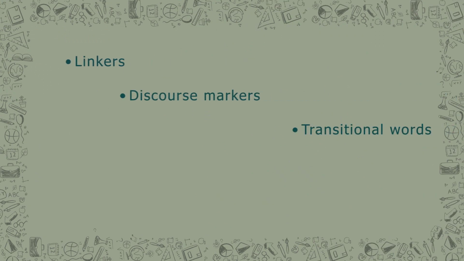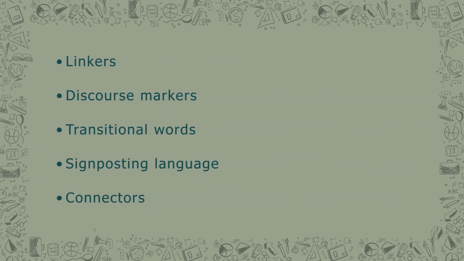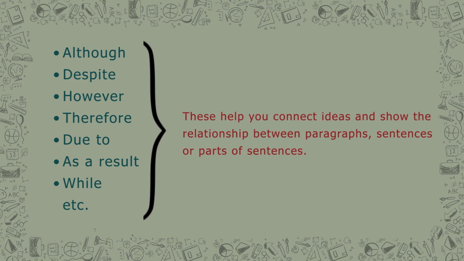Cohesive devices are called by different names: linkers, discourse markers, transitional words, signposting language, or connectors. However, commonly cohesion refers to linking words like although, despite, however, due to, as a result, while, etc. This helps you to connect ideas and show the relationship between paragraphs, sentences, or parts of sentences.